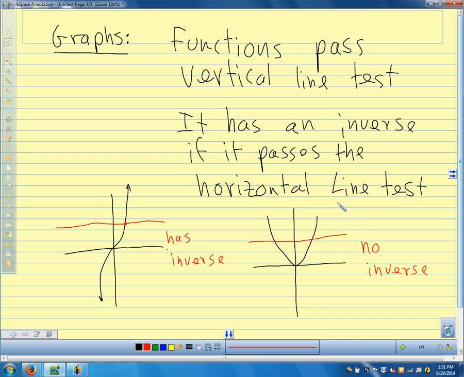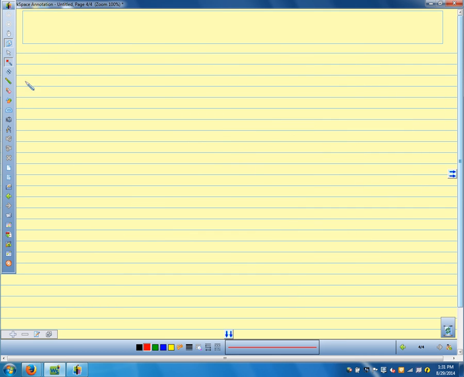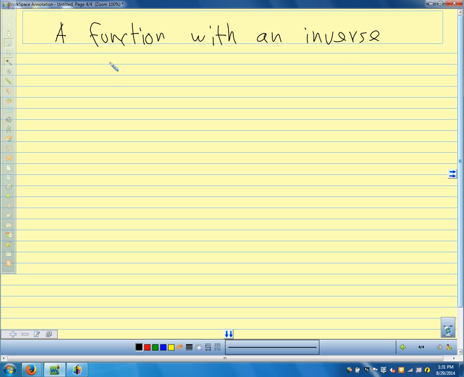So is this all bringing back some vague memories about inverses? Yes. Okay, good. We call a function with an inverse 1-to-1. So if a question asks you to verify that this function is 1-to-1, if it has an inverse, then it's 1-to-1.